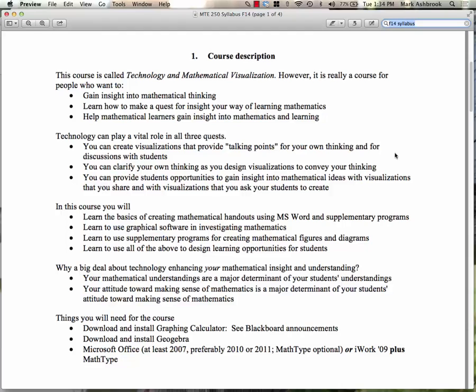Okay, so here's the quiz. What percent of this course, based on these three bullet points, think to yourself, what percent of this course is about you in this class? Just think to yourself, based on this bullet point description, what would you say, what percent of this course is about you?